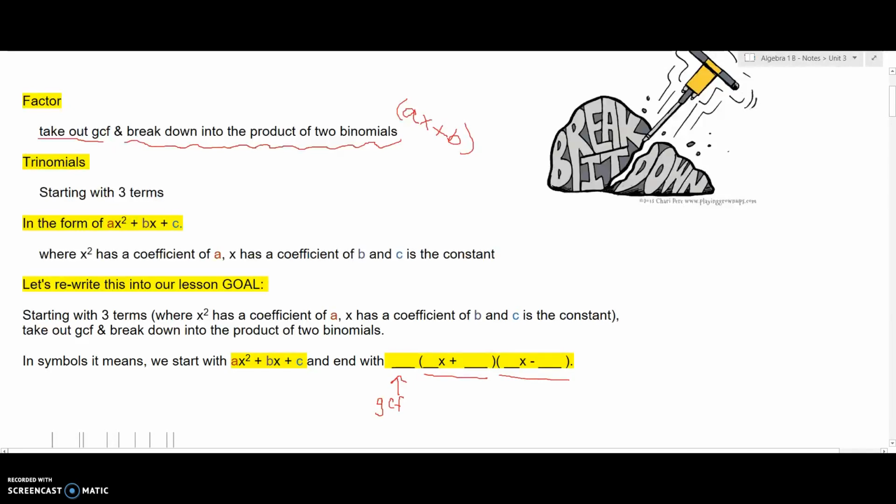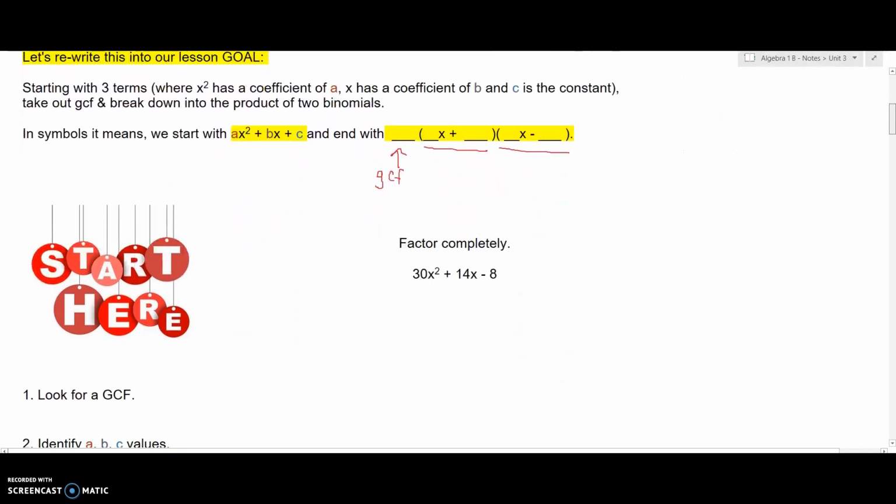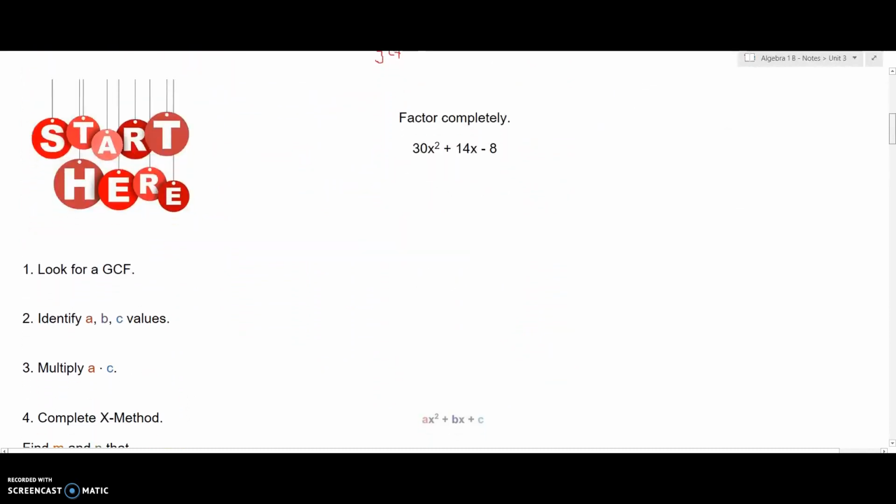So let's take a look at how this is done. This method has quite a few steps, and we are going to pull in some of the things we've learned in previous units. So we're going to start by looking at the expression 30x squared plus 14x minus 8.